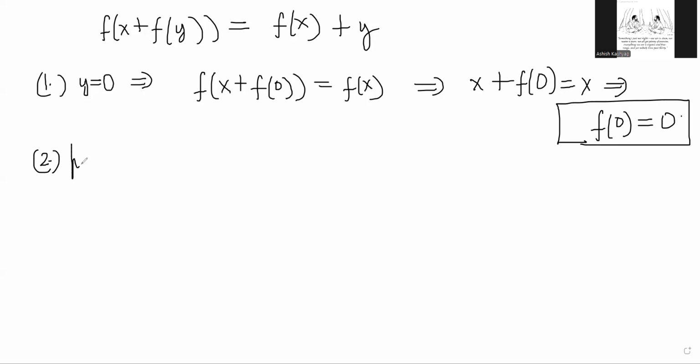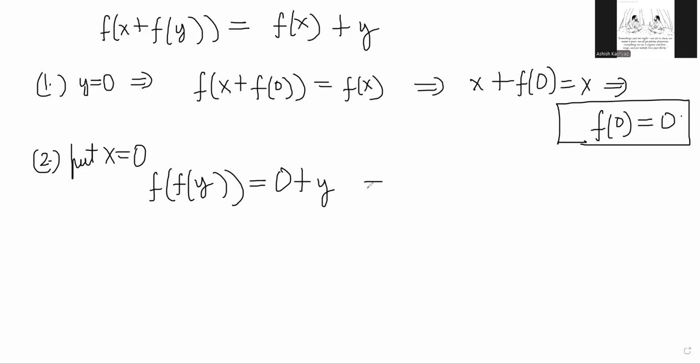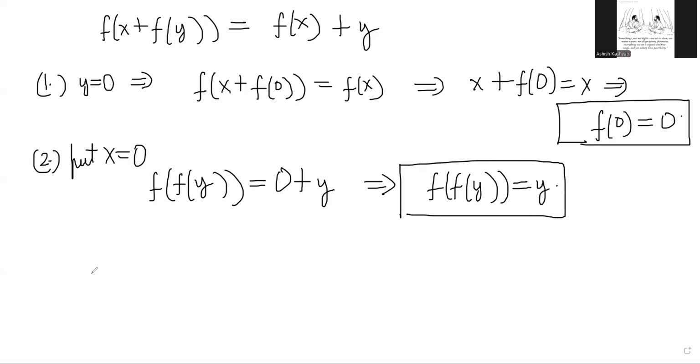Now we put x is equal to 0 in the equation. If x is equal to 0, we are getting f of y is equal to f of 0 plus y. So basically we are getting f of y is equal to y. This is the second relationship, right? And now in this equation, instead of y, I will put f of y.